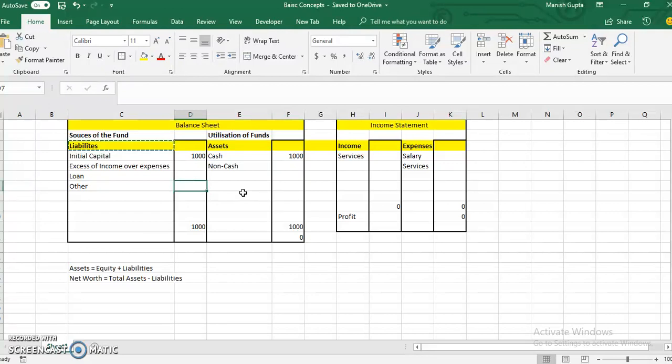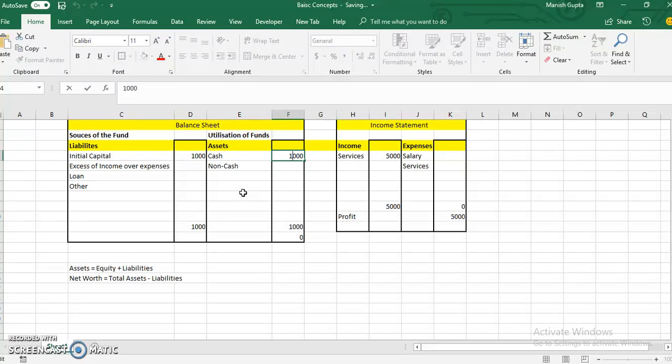So now with the capital we started providing services, right? Let's say we provided services of a total $5,000, and we got this money in cash. We have not yet provided any credit to anyone, so we got $5,000 in cash. So now we have a total of $6,000. We can link this to the excess of income over expenses.